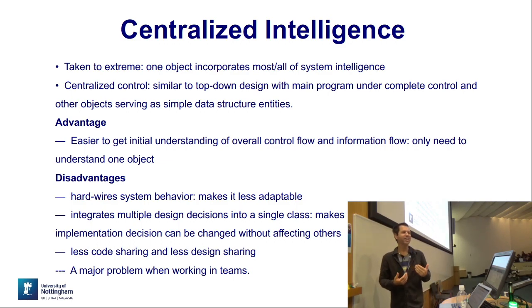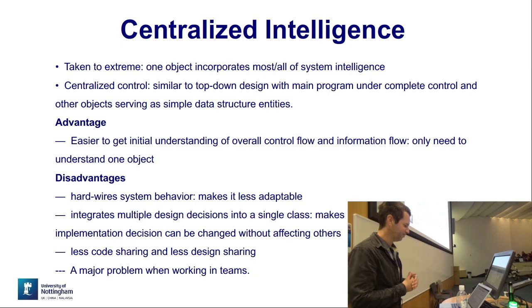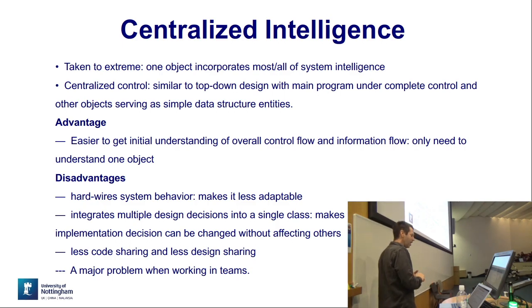It integrates multiple design decisions into a single class. And if you make a change to that main method that's 5,000 lines long, you're scared, because you're thinking, oh my gosh, what if this change affects something 1,000 lines below where I am now? How am I going to know that? Well, you're not going to know that, generally speaking.